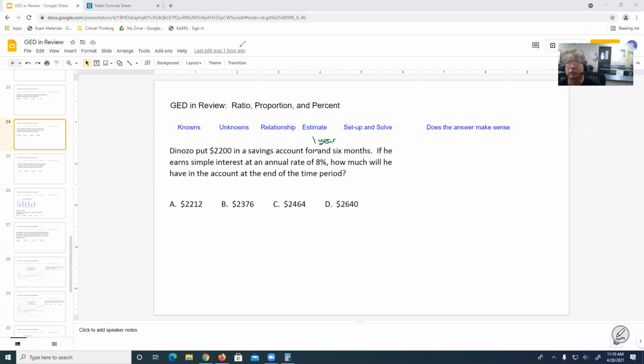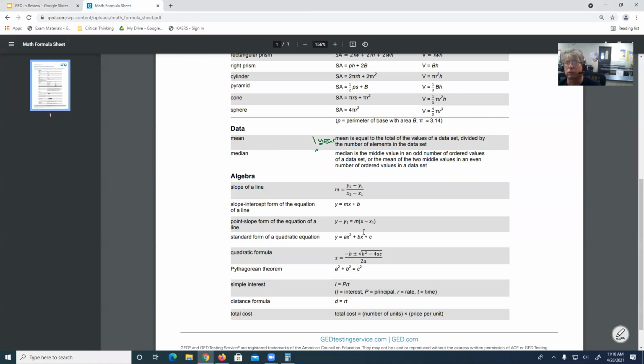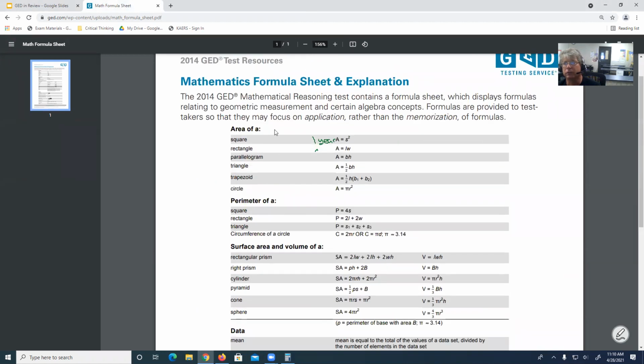On the GED test, you do have a formula sheet. On the formula sheet, let's see if I can pull that up here. If you notice down here towards the bottom of the formula sheet, the top of it looks like this.